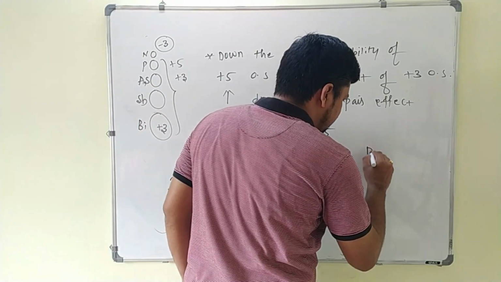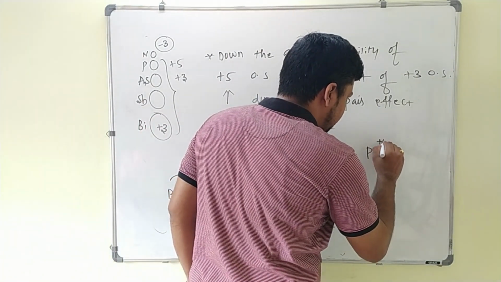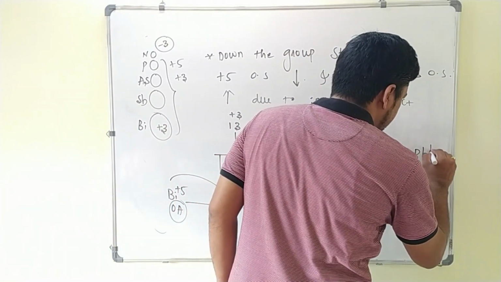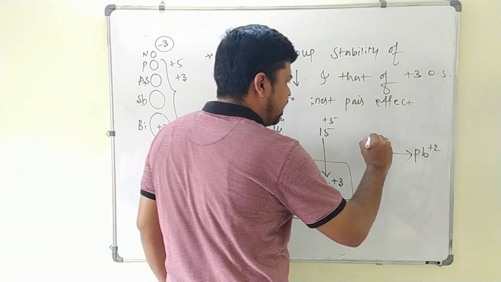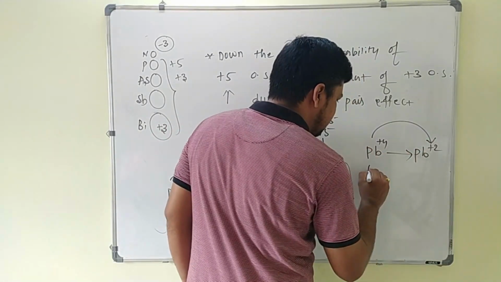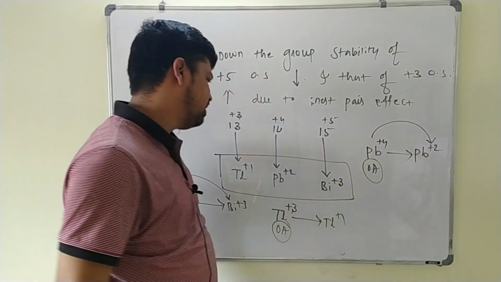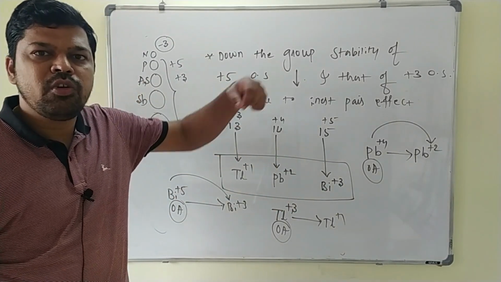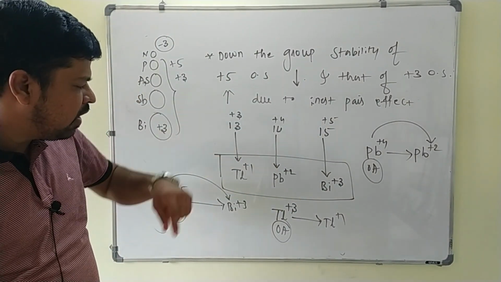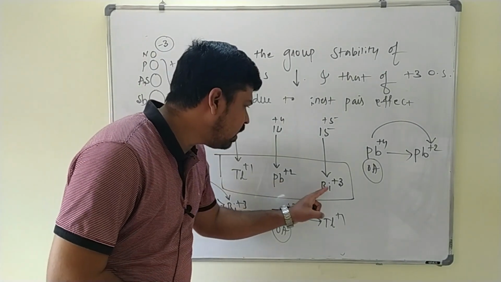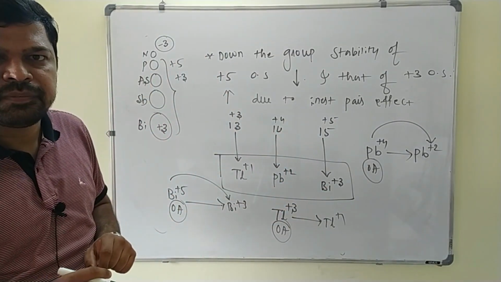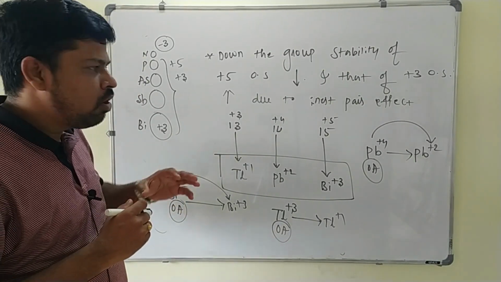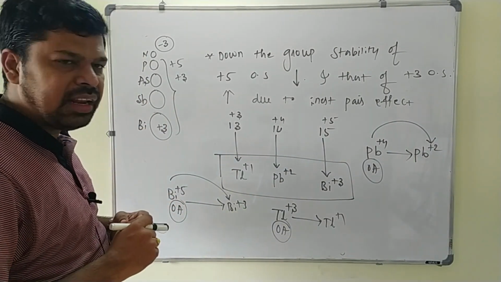In case of lead also, +4 oxidation state is less stable, readily it will convert into +2 oxidation state. Since it undergoes reduction, it acts as a strong oxidizing agent. So all these elements in their higher oxidation state are very good oxidizing agents because they will readily convert into +1, +2 and +3 oxidation state here. So I hope you are very much clear with the oxidation states, why they will lose and gain the electrons.